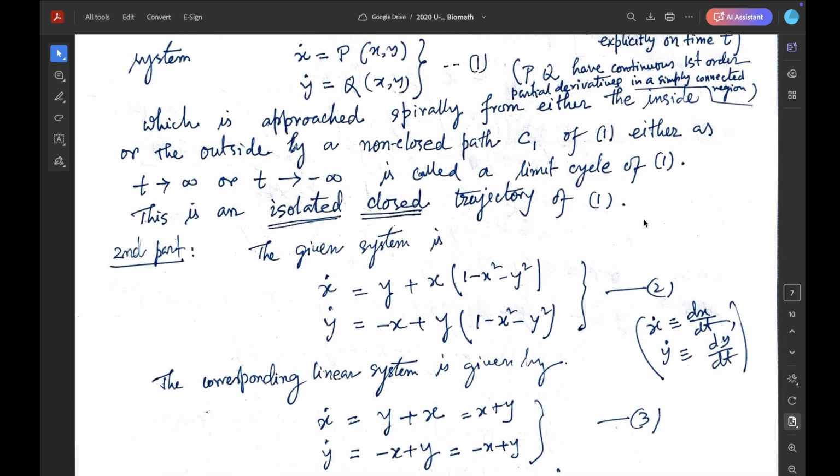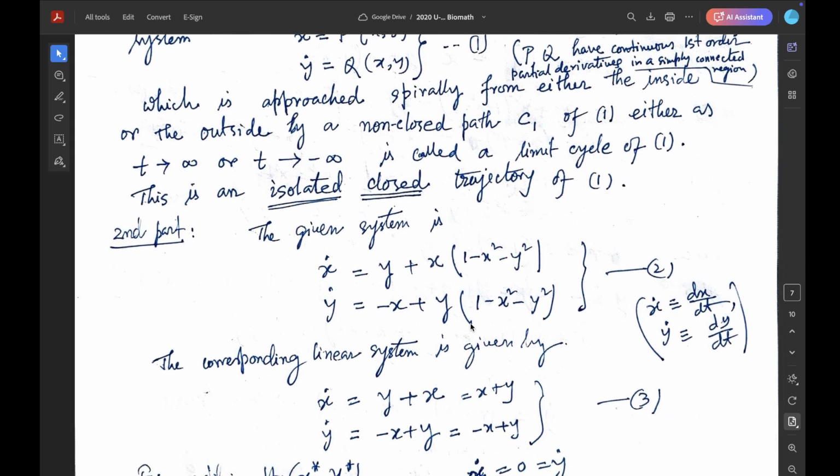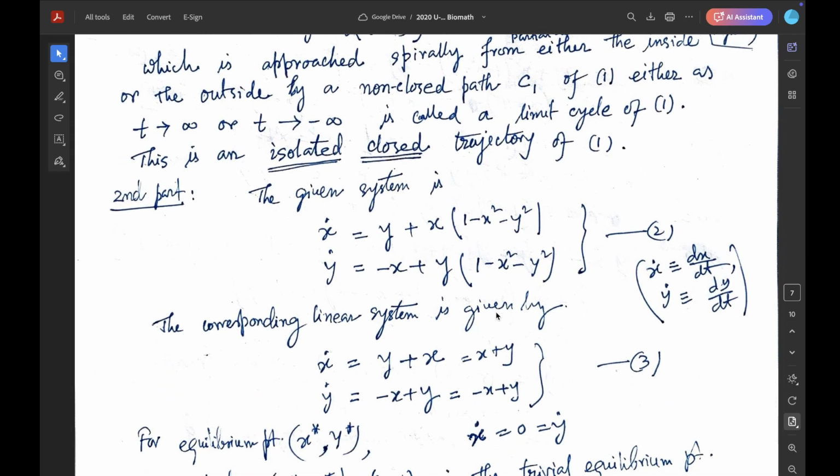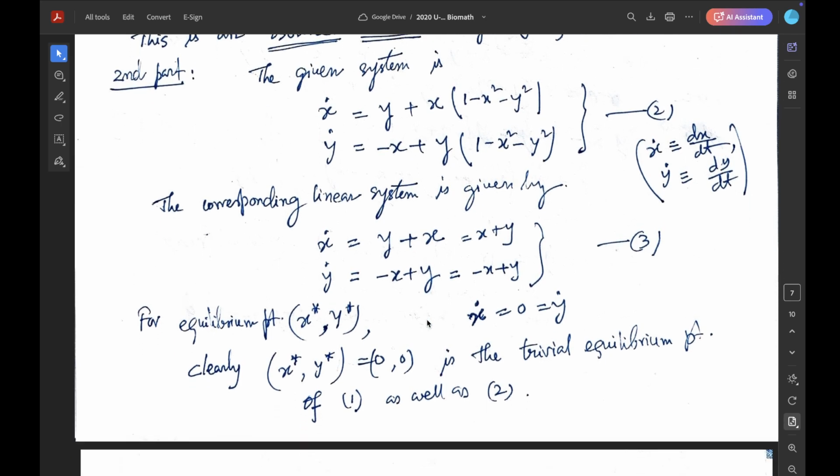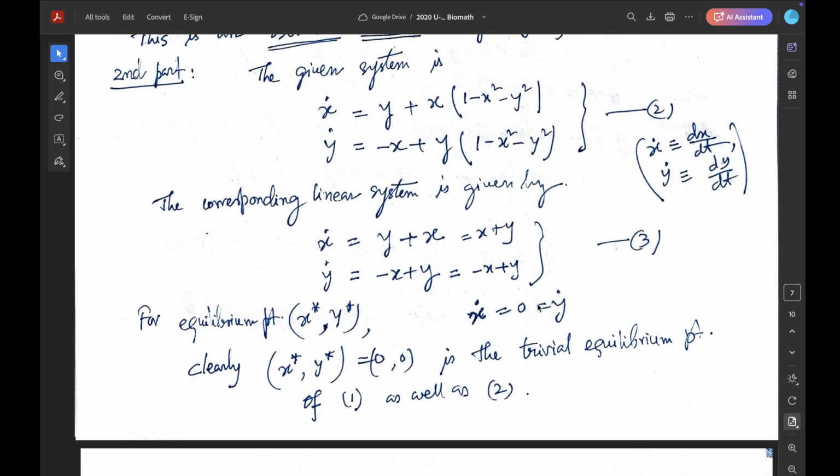Second part of this given system: x dot means dx/dt and y dot is dy/dt, and the corresponding linear system is x dot equal to y plus x and y dot equal to minus x plus y. And for the equilibrium point (x star, y star), x dot equal to 0 equal to y dot for this point.